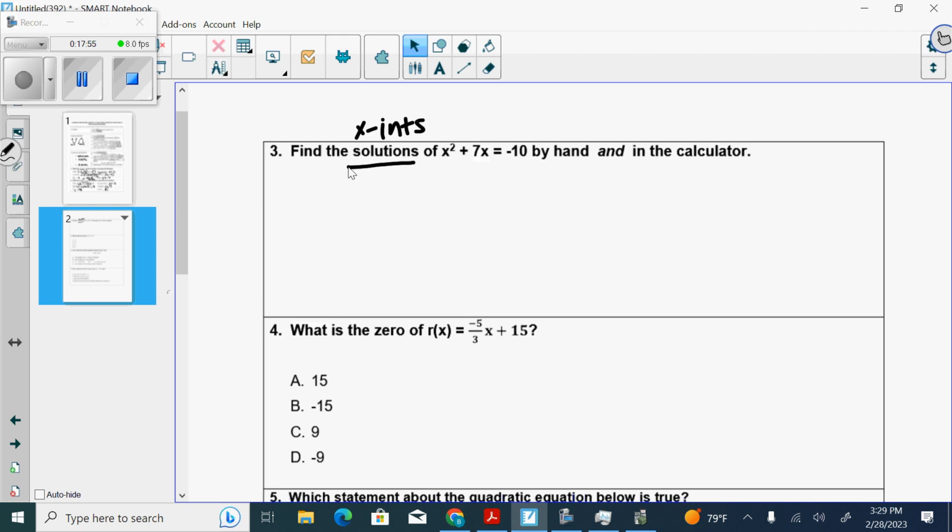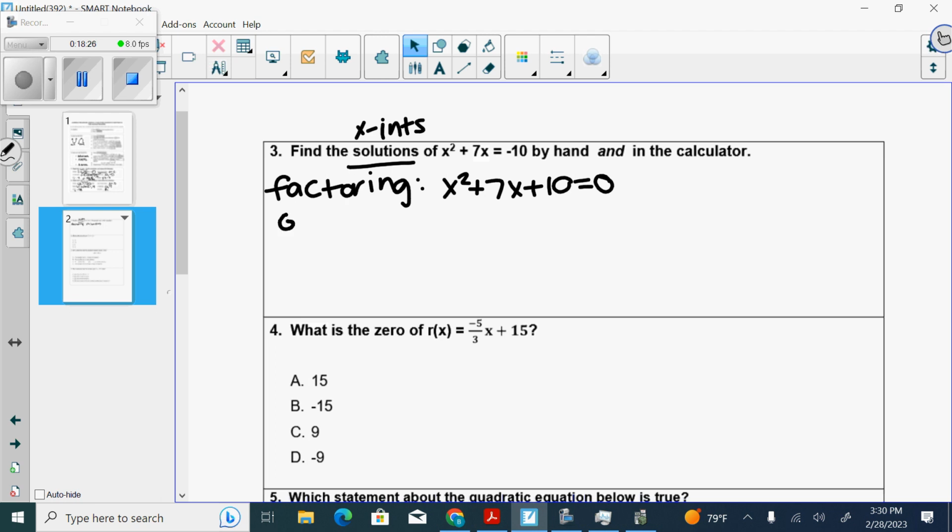All right, so if I was going to find it by hand, I could maybe find it by factoring. But if I'm going to factor or graph it, everything has to be on one side of the equation. So how could we fix this equation? Add 10. Okay, so now I'm going to have x squared plus 7x plus 10 equals 0, right? Okay, does this have a GCF? No, no GCF. Okay, then what is my sum and product?